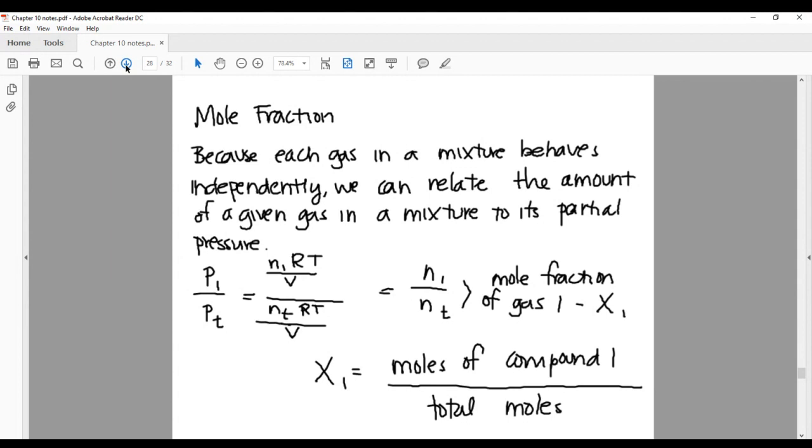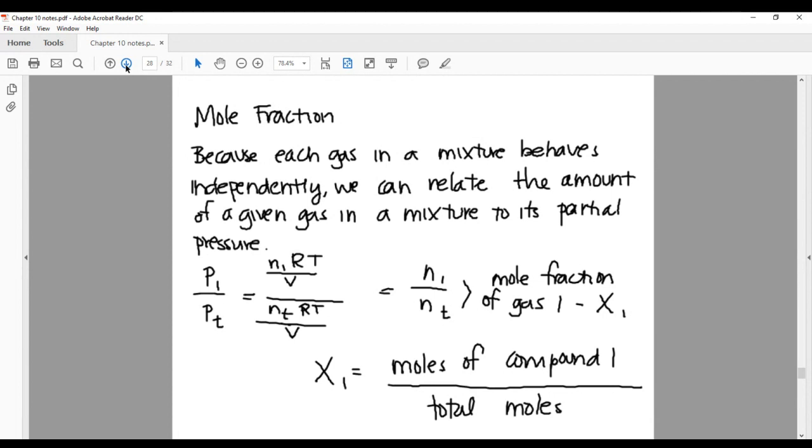And you see it's equal to n1RT over V divided by nTRT over V. Okay, what did I do here? I solved for pressure in my ideal gas law. And pressure is equal to nRT divided by V. But I want to compare the partial pressure of one of the gases in my mixture with the pressure of the total mixture.